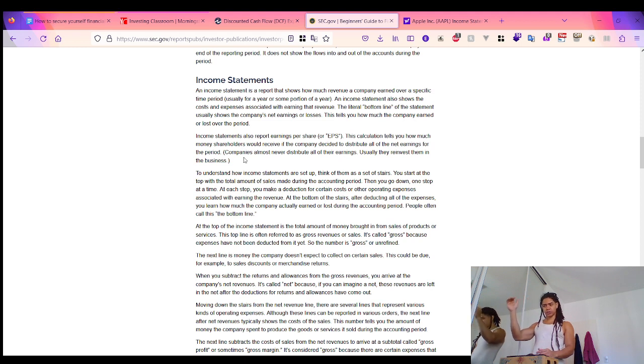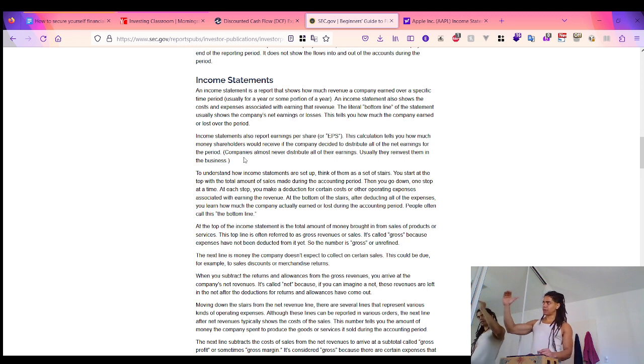Each step down, you make a deduction for certain costs or other operating expenses associated with earning that revenue.